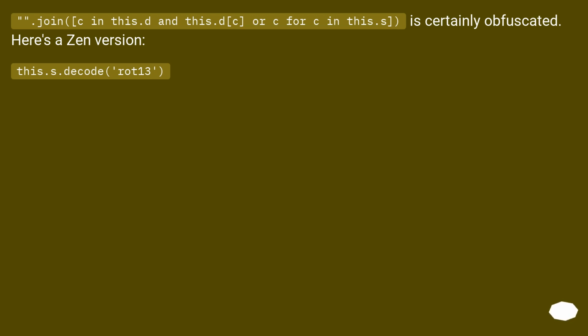Join c in this.d and this.d[c], or c for c in this.s, is certainly obfuscated. Here's a Zen version: this.s decode rot 13.